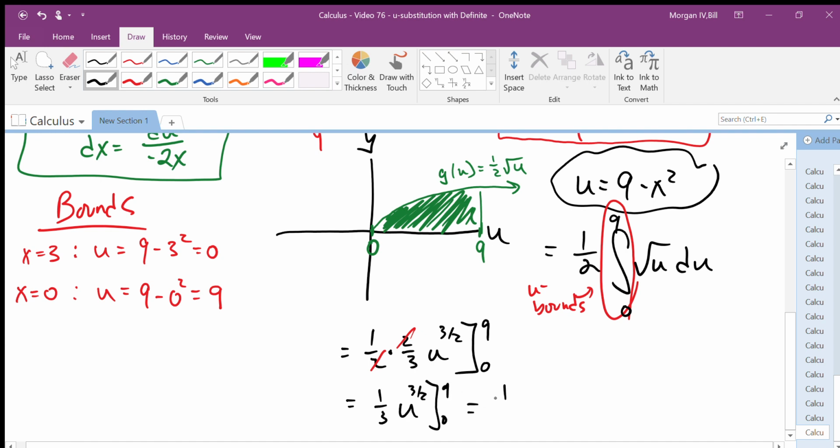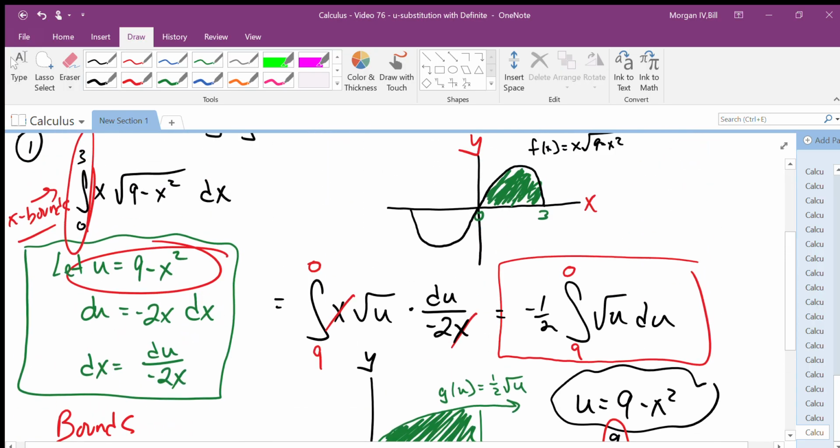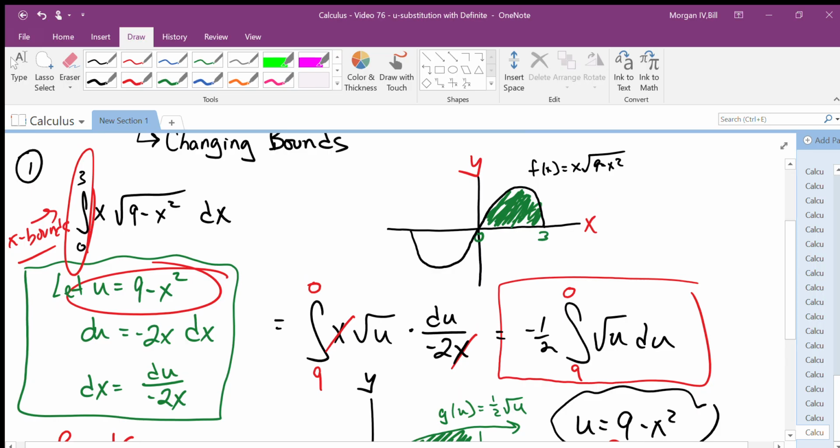Plugging that in, I get 1/3 times 9 to the 3/2 minus 0 to the 3/2. The square root of 9 is 3, 3 cubed is 27, and 1/3 times 27 is 9. So the area of both of those regions is 9.